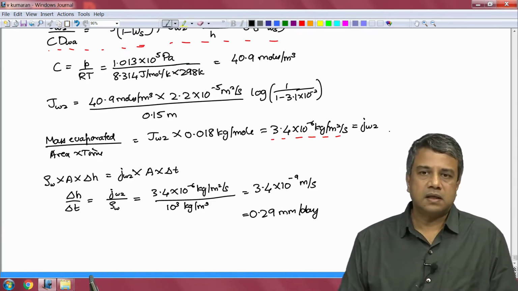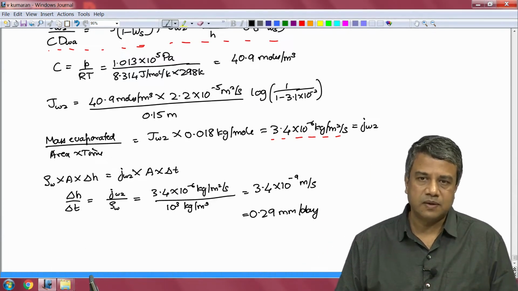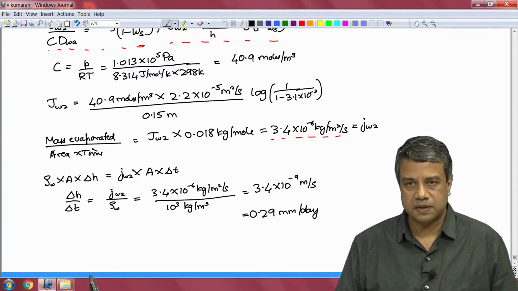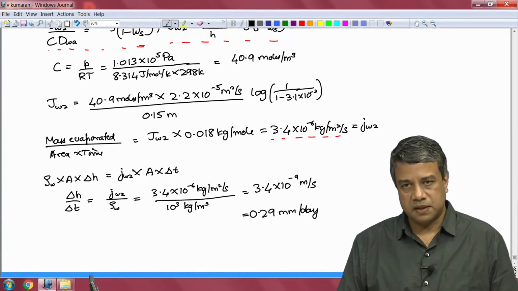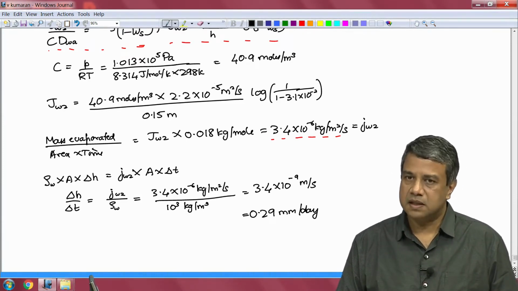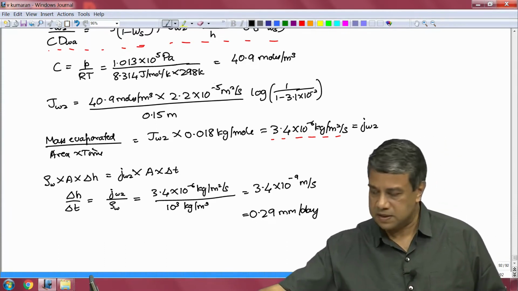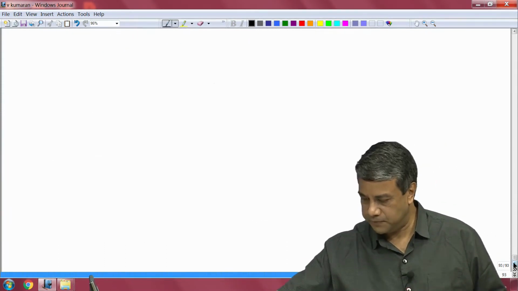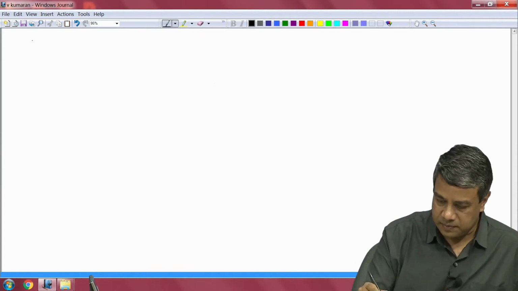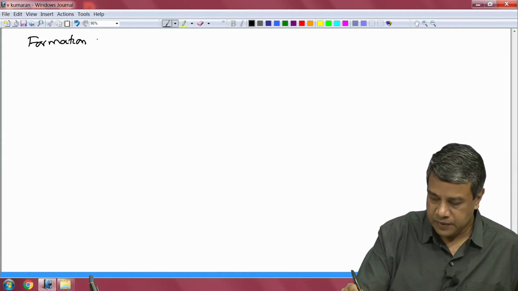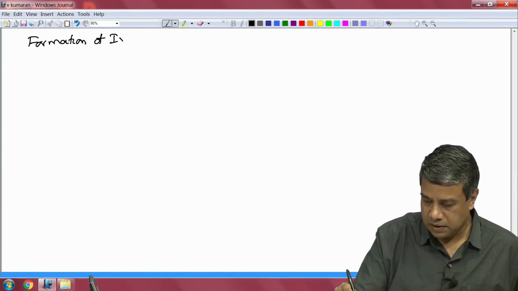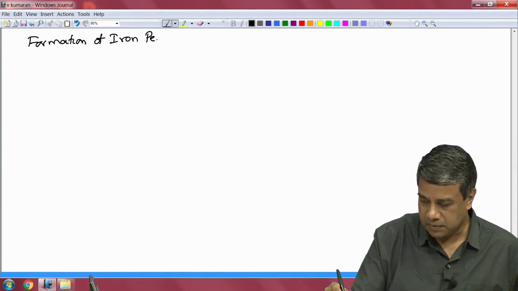The other case where you have an explicit relation between fluxes is when, for example, a reaction takes place. So, let us look at a problem where there is a chemical reaction, and because of the stoichiometry of that reaction, there is a relationship between the fluxes coming in and going out. This is the formation of iron pentacarbonyl.